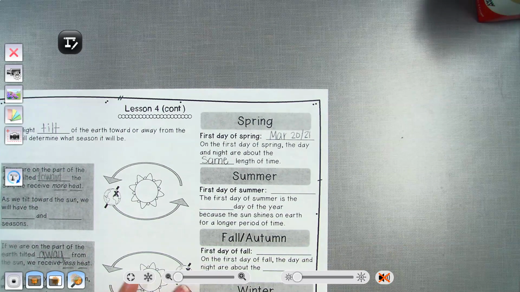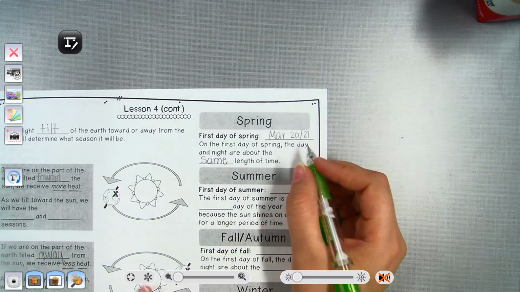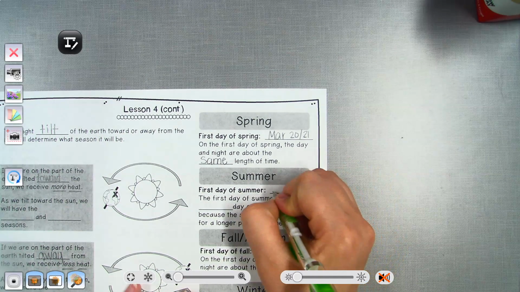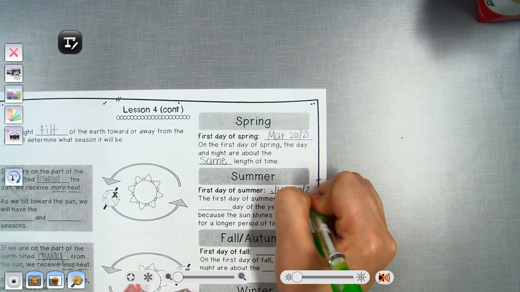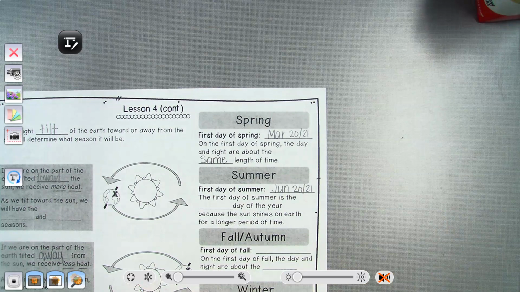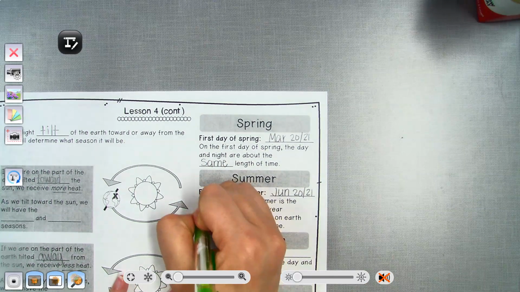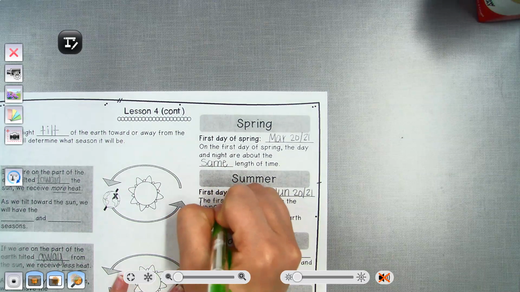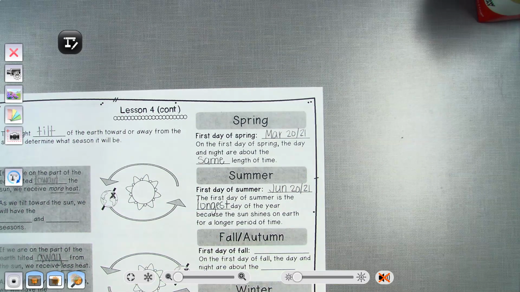Okay, so the summertime. The first day of summer is June 20th or 21st. The first day of summer is the longest day of the year. I did not know that either. Longest day of the year because the sun shines on the earth for a longer period of time.